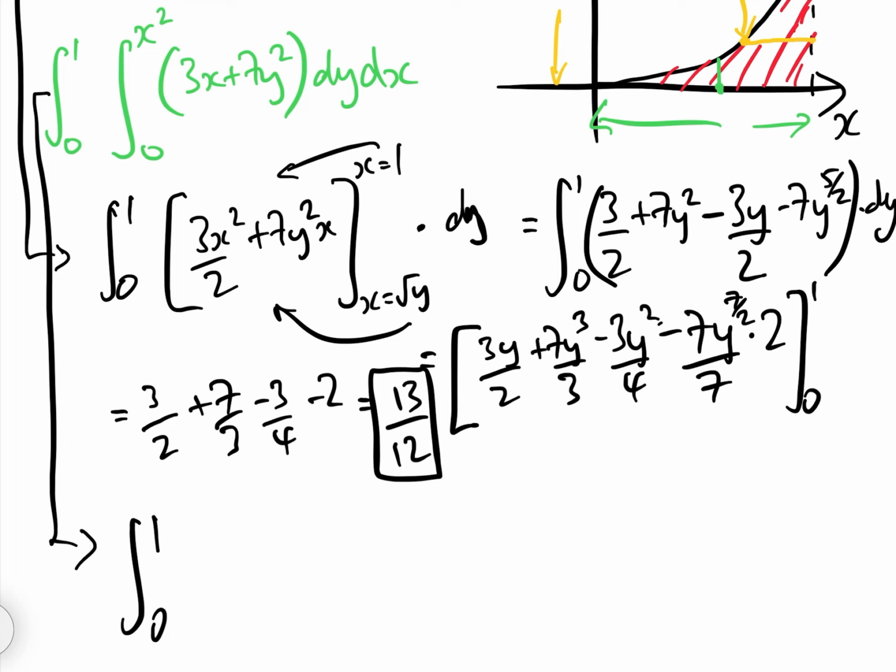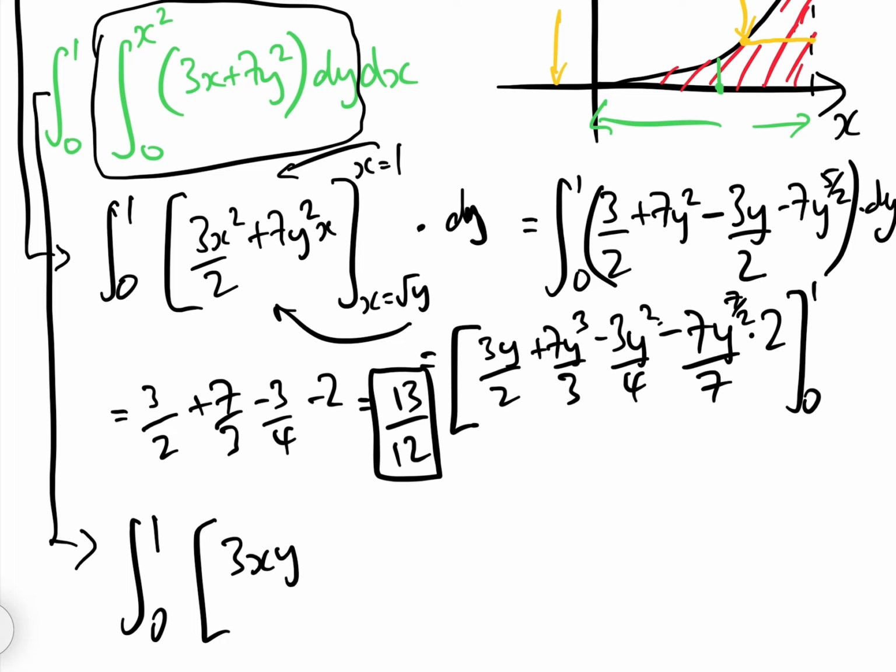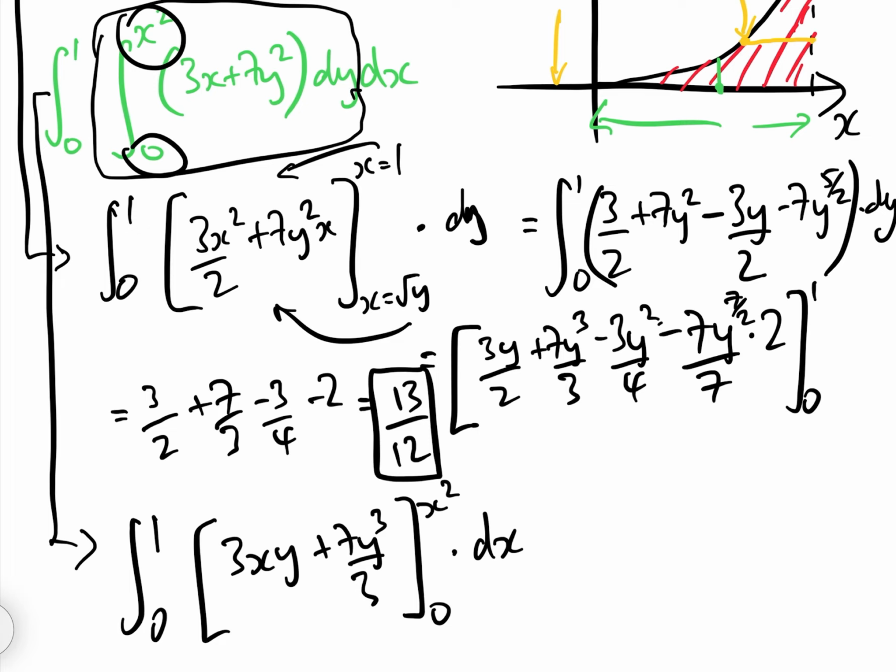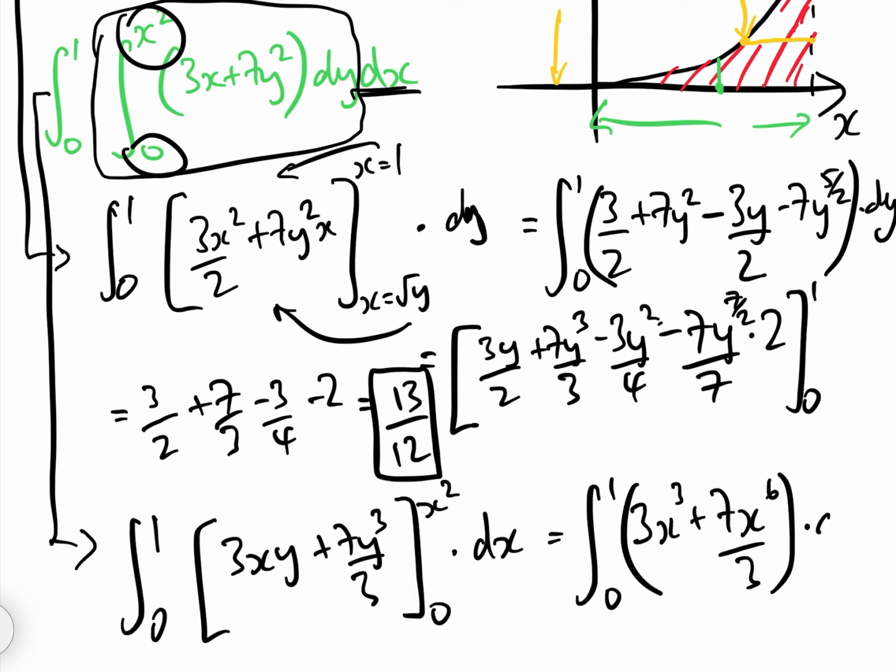So now what we are going to do is integrate with respect to y first, and that would give us 3xy add 7y cubed over 3 between x squared and 0, and then the answer to that we are still going to have to integrate with respect to x, and that there equals the integral between 1 and 0 of 3x cubed add 7x to the 6 over 3 dx.